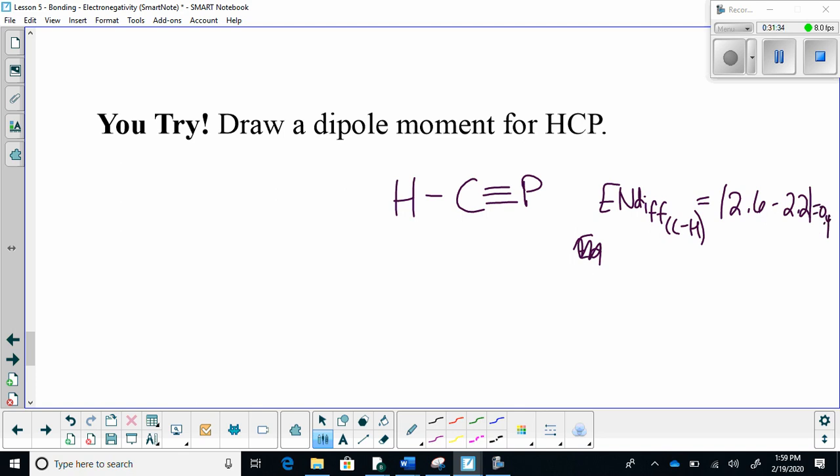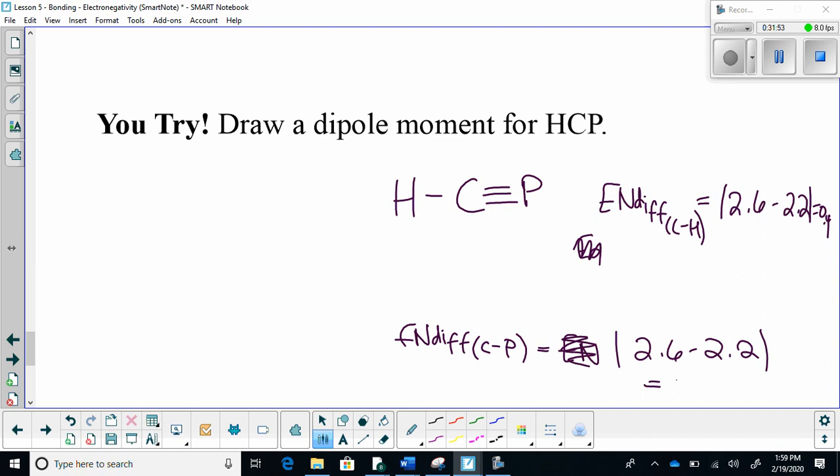Same thing, we're going to do the electronegativity difference of carbon and phosphorus, which is 2.6 minus 2.2, which also gives me 0.4.